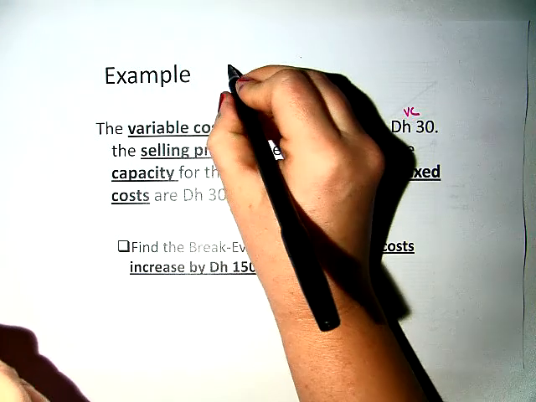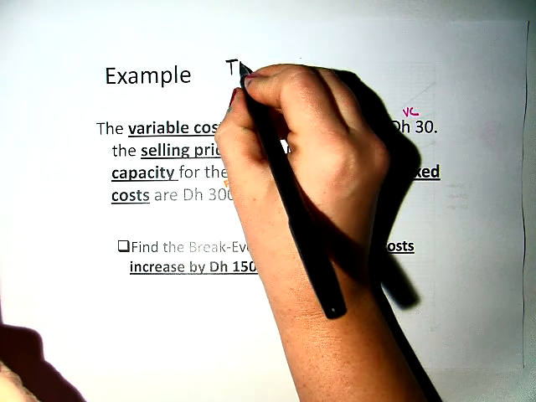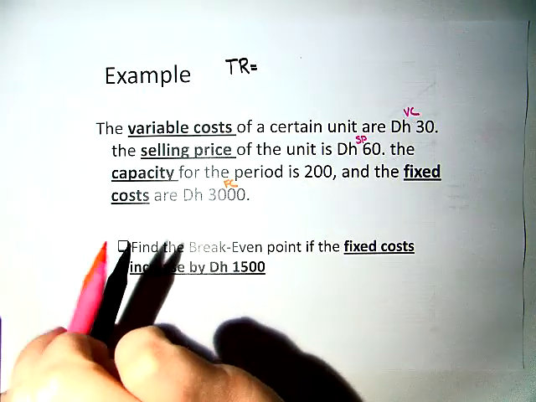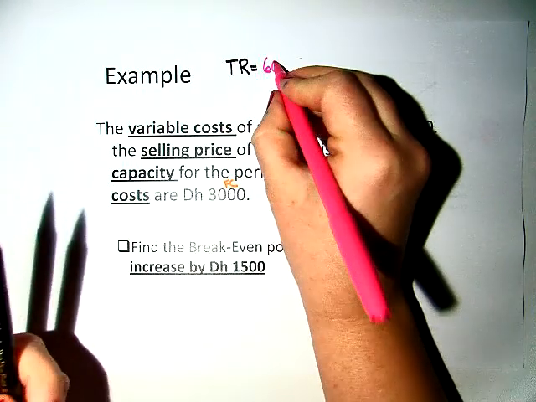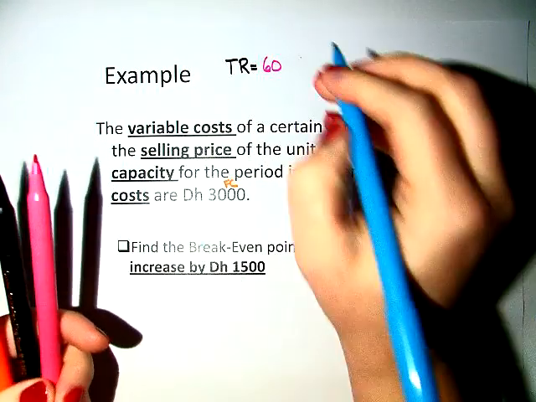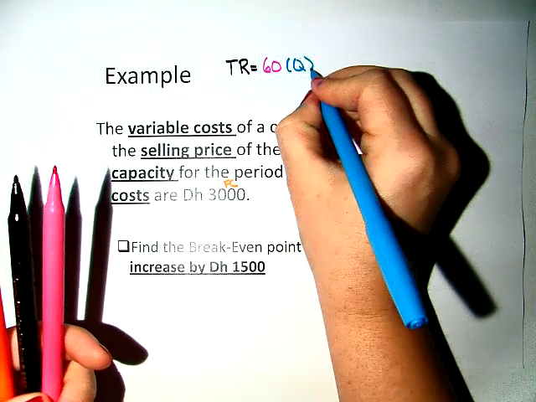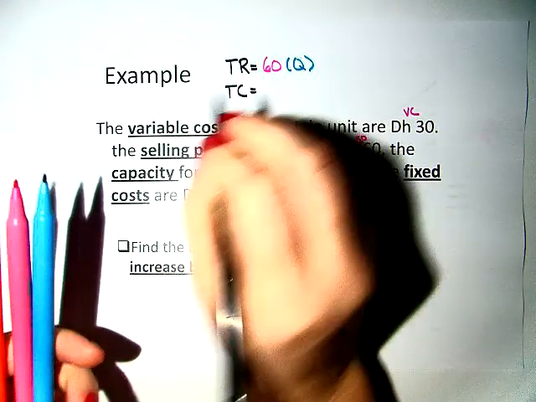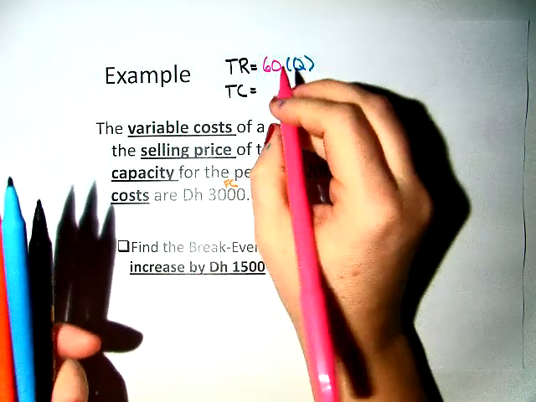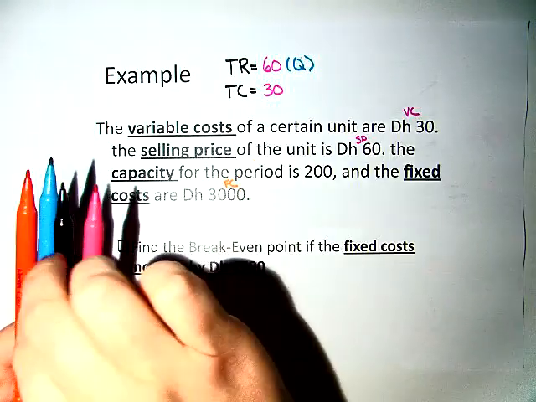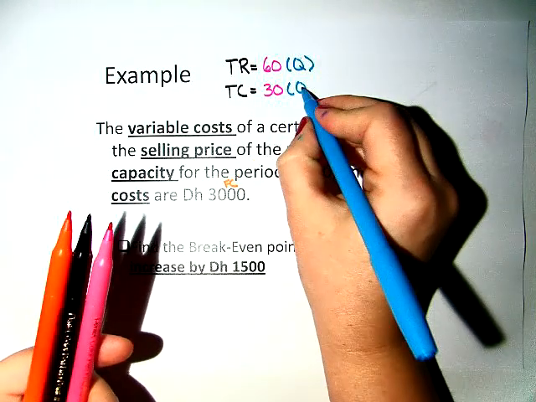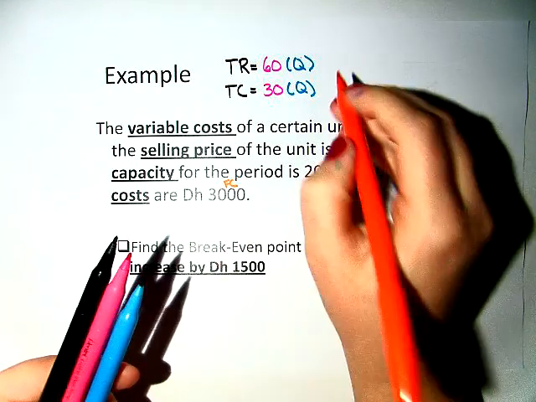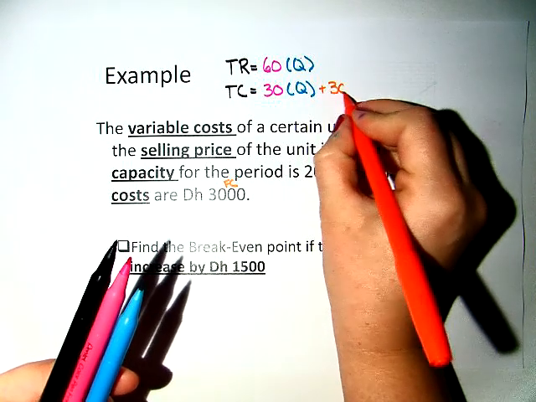So we'll start with the original equation. The total revenue equation is going to be the selling price of 60 multiplied by the quantity, of which we don't yet know. The total cost equation is the variable cost of 30 multiplied by the quantity and 3,000 with my fixed costs.